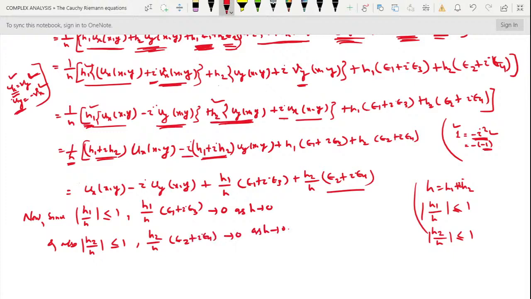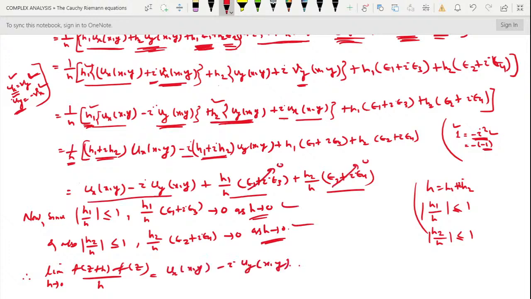So what will we get? At the limit h goes to 0, f of z plus h minus f of z divided by h, after applying the limit h goes to 0, these two things will cancel out. Okay, this thing I have written here, so only this will be left, so this will be your ux at xy minus i times uy.